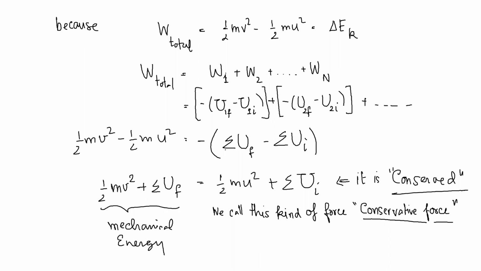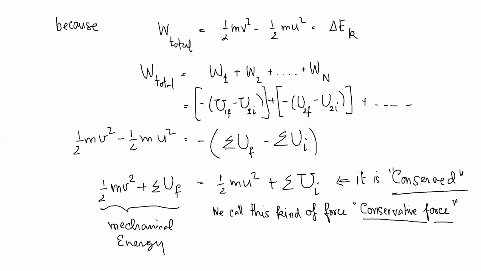So by rearranging the terms, we see that the kinetic energy plus all the potential energy at the initial point is equal to the kinetic energy plus the sum of potential energy at the final point.